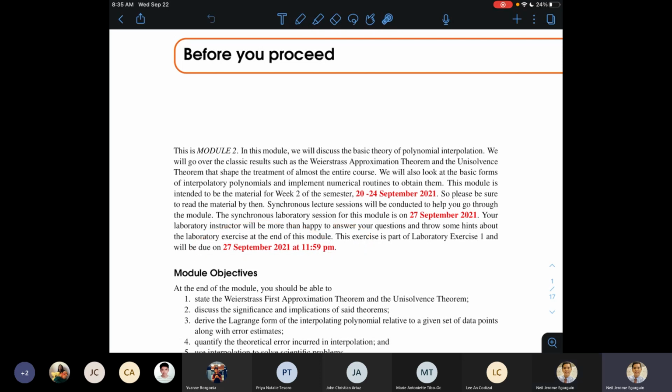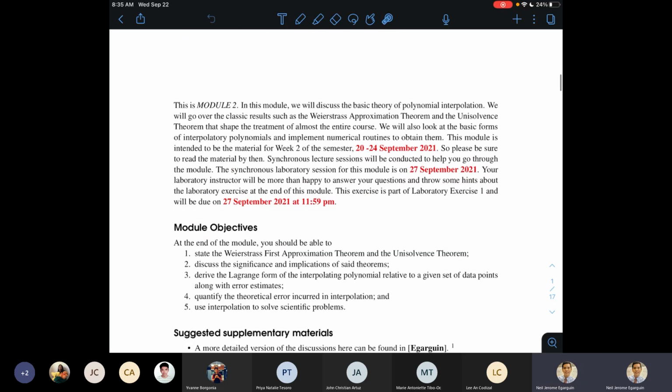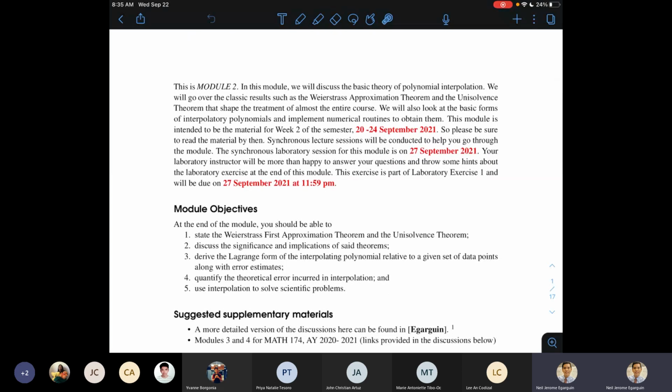Okay. And then what to watch out for are the following. At the end of the module, you should be able to state the Weierstrass first approximation theorem and the Unisolvance theorem. Number 2 is to discuss the significance and implications of these theorems. And then third, derive the Lagrange form of the interpolating polynomial relative to a given set of data points, along with the error estimates.